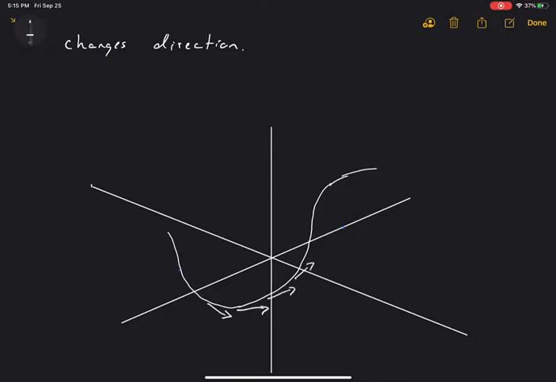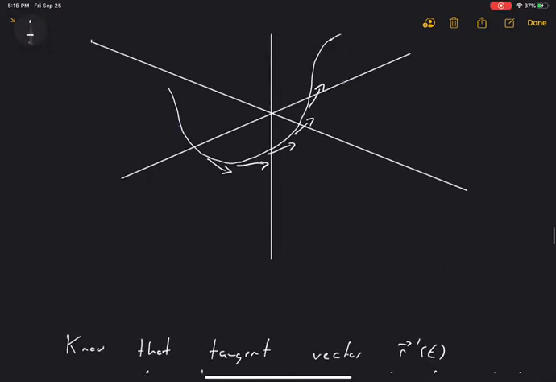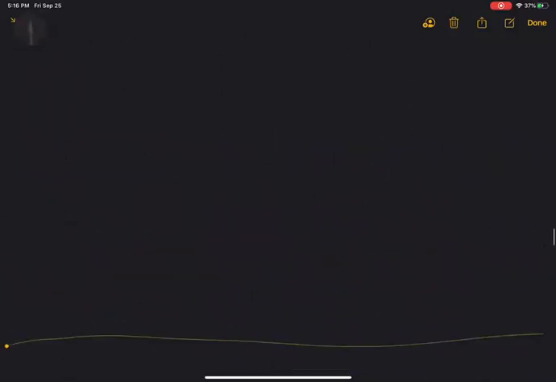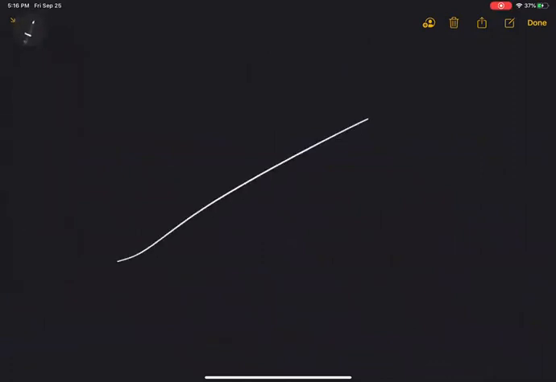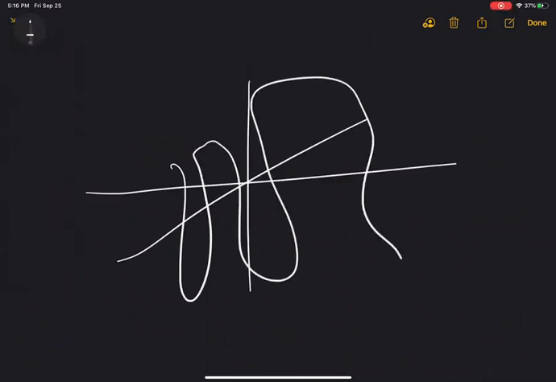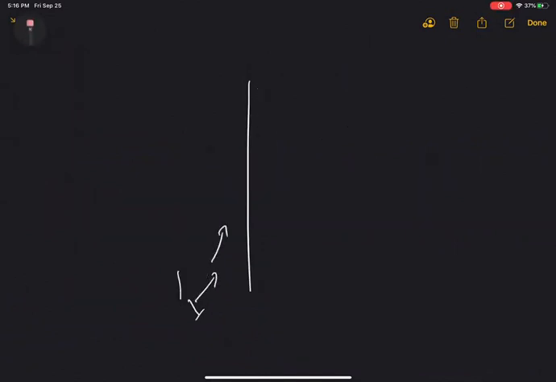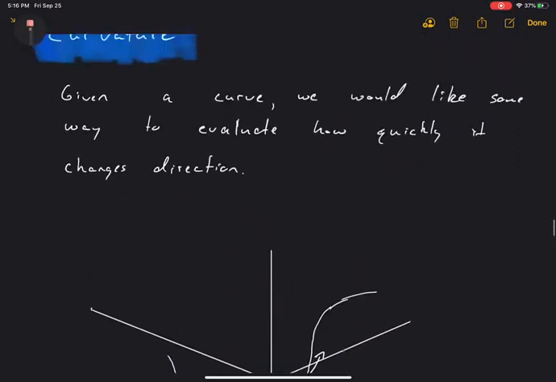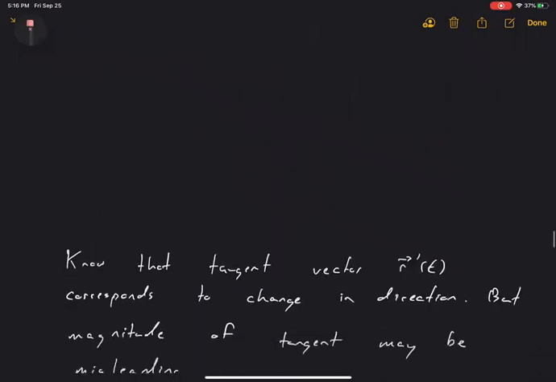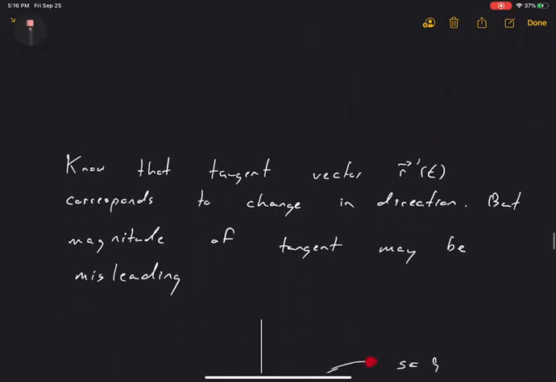Maybe these tangent lines look like this. So it's kind of a gentle slope compared to something like, let's say this is my R3, maybe I have a curve like this that's changing really fast, boom. We'd like some way to evaluate that. So this idea is going to give us our idea of curvature. Okay, that's where this is headed.